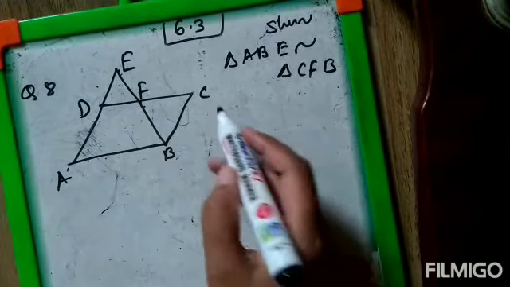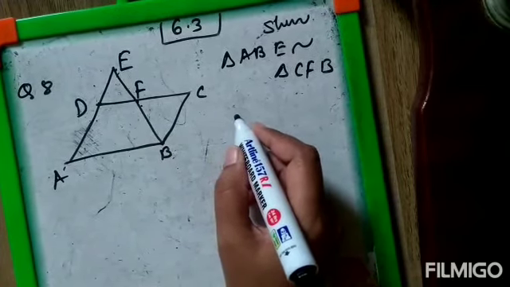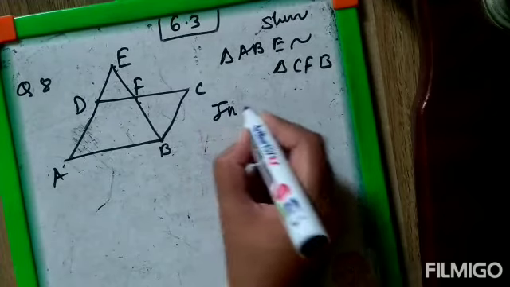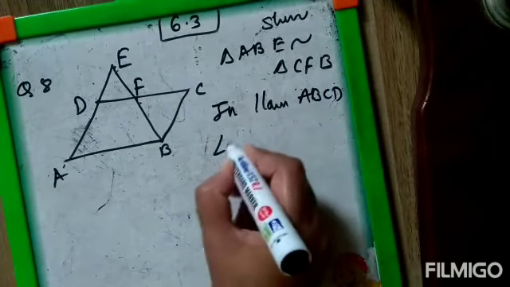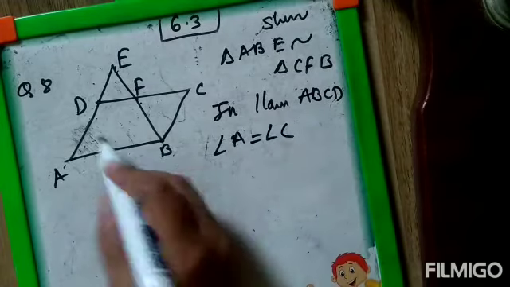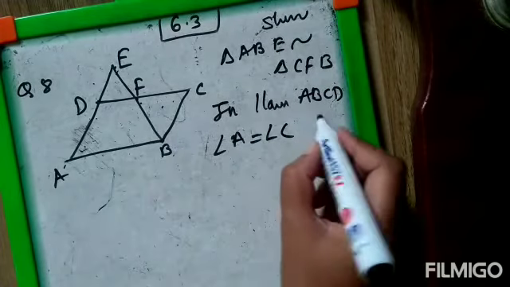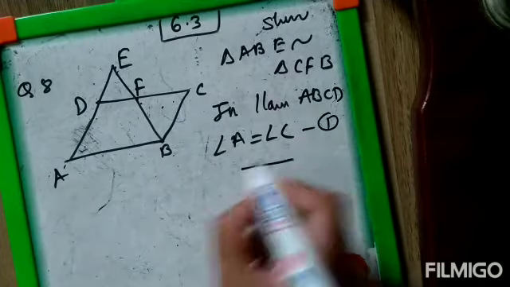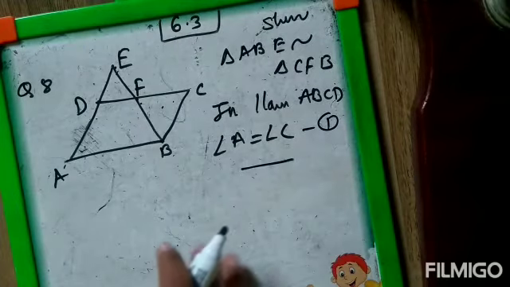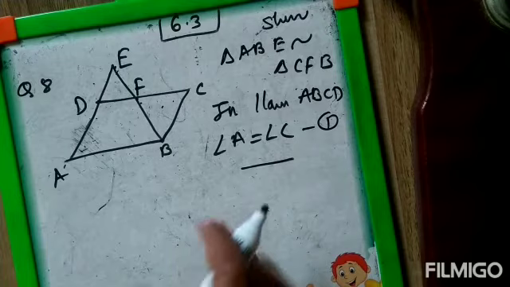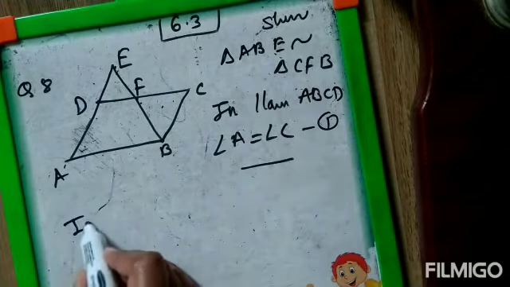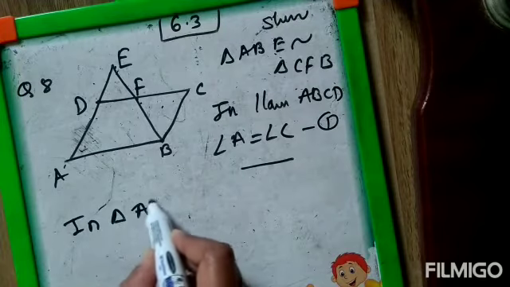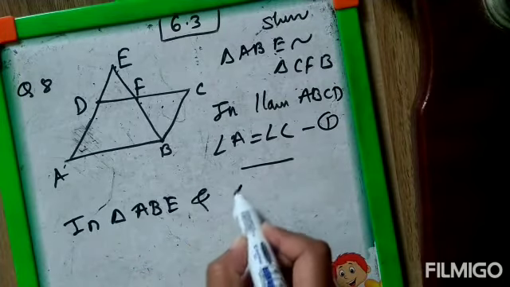We know that in a parallelogram opposite angles are equal. So in parallelogram ABCD, angle A equals angle C, opposite angles are equal. Equation number 1, write the reason also: in a parallelogram opposite angles are equal. Now take the two triangles that we have to show similar: triangle ABE and triangle CFB.